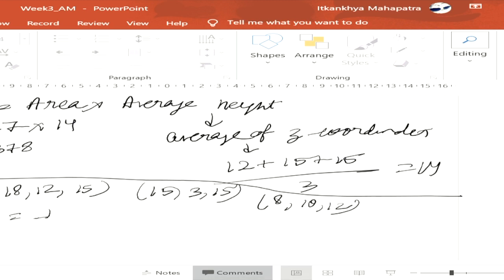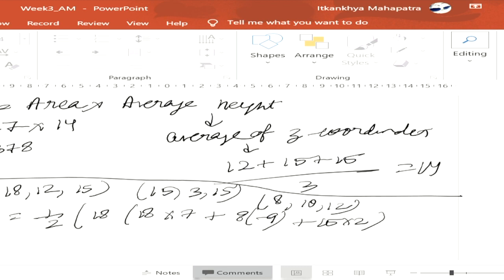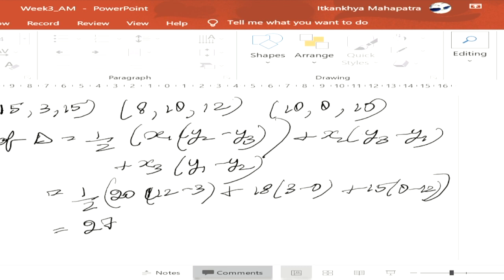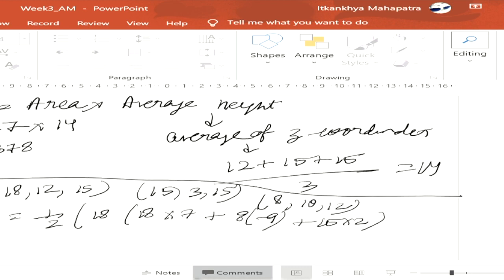Triangle area is half, 18 into 7 plus 8 into minus 9 plus 15 into 2. This is with respect to this formula, half into x1 (y2 minus y3).